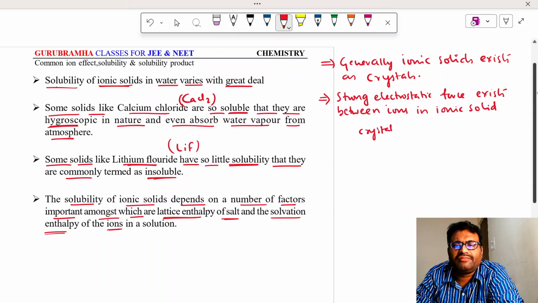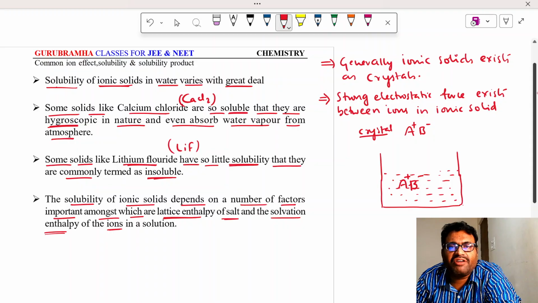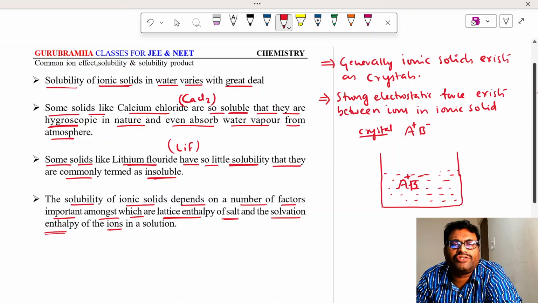Let us take solid AB, A plus B minus, and dissolve it in water. Why do we always take water? Because water is the universal solvent. A plus and B minus are very close, because very strong electrostatic force is present between them.